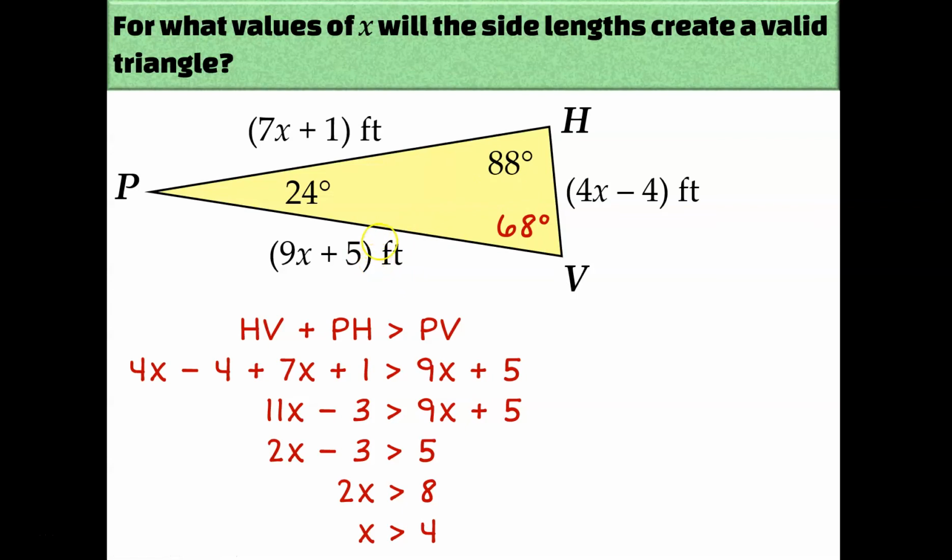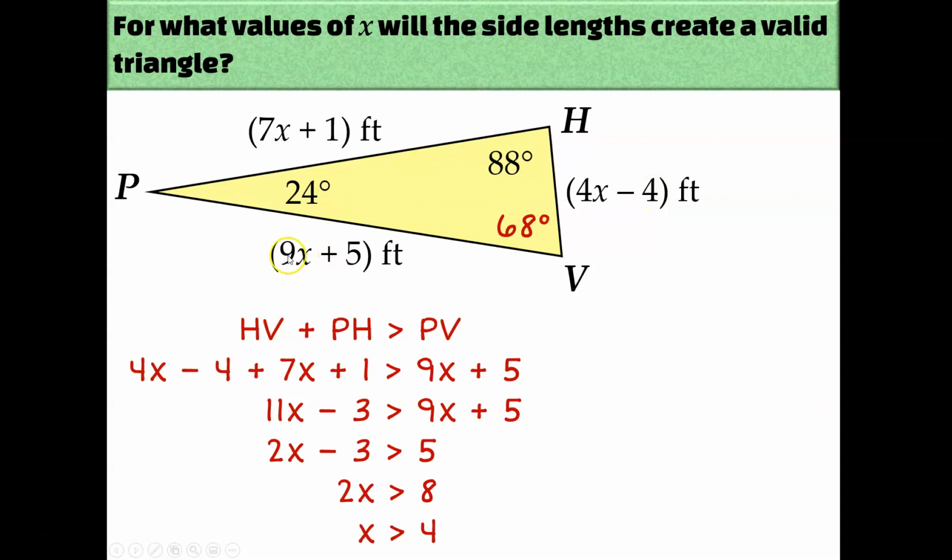But let me show you the other direction as well. Let's imagine a number that's less than 4 instead of greater than 4, such as 3. If I plug in 3, let's see if we get another valid triangle. I'll do 7 times 3 plus 1, well, that's 22. And 4 times 3 minus 4 is 8. So the sum of 22 and 8 is 30.